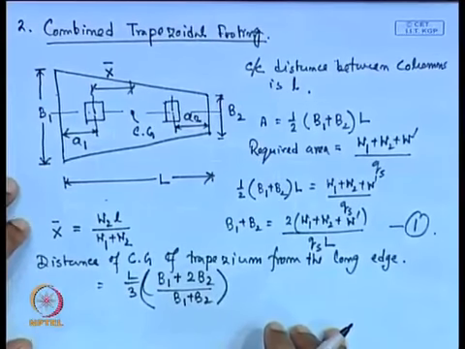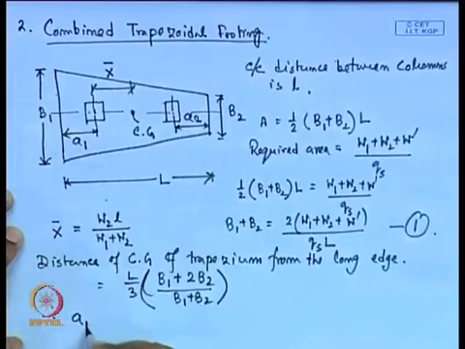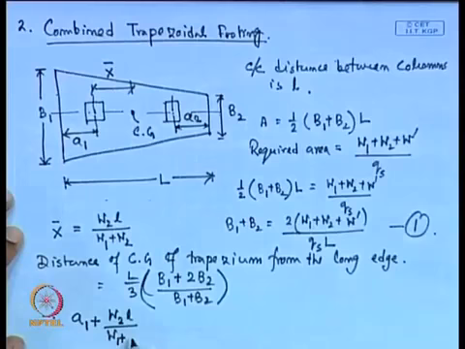This is the expression for the CG from the long edge. So now for this expression, from this figure, A1 plus x bar is W2 into l divided by W1 plus W2.